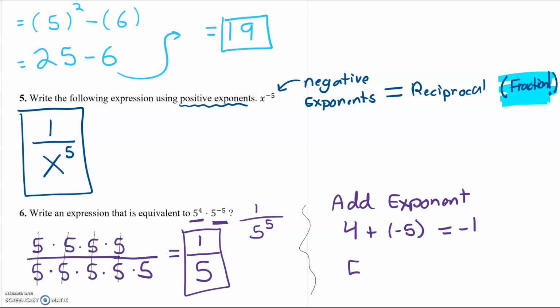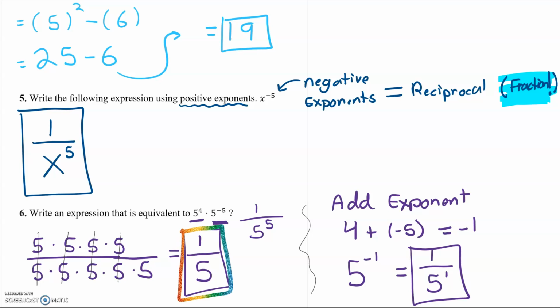So that means my base is still 5, my exponent's negative 1. And remember, we don't like negative exponents in our answers, so we're going to write 1 over 5 to the 1st power, which is the same thing as 1 over 5. Right? 1/5 and 1 over 5 to the 1st, same value.